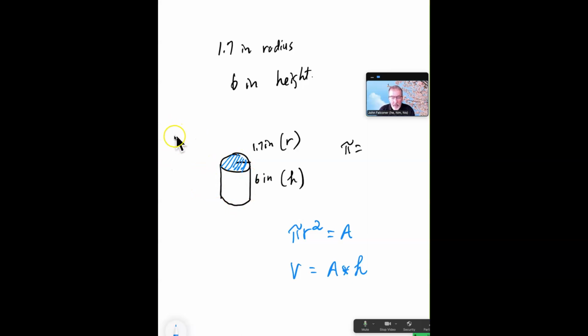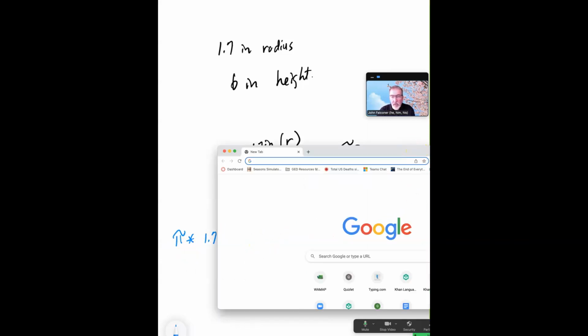So let's plug in, substitute numbers here. We have pi, r is 1.7, so pi times 1.7 squared, right? That'll give us the area. And then if we just multiply that by 6, we'll get the total. So according to PEMDAS, we should do our squares first.